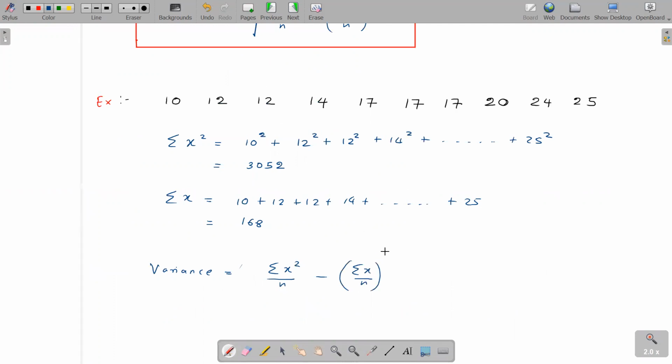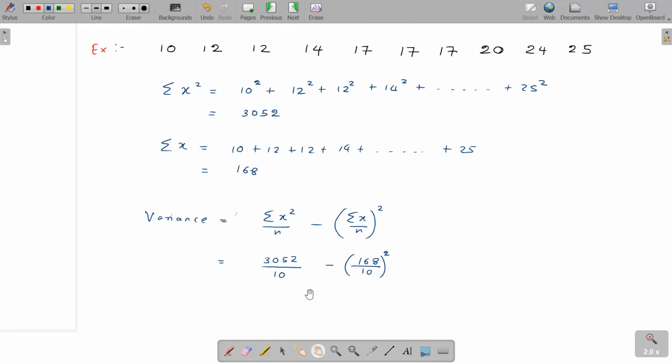Sigma x square is 3052, and n is how many data points you have, which is 10, minus sigma x, 168, over n, 10, whole thing square. So I get the answer as 22.96 for the variance.